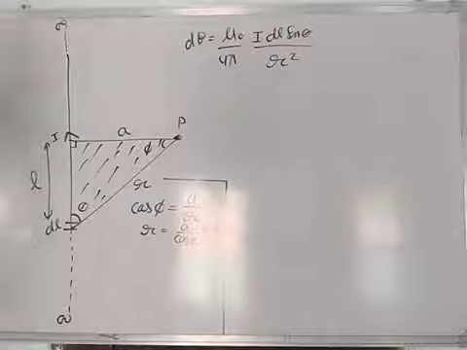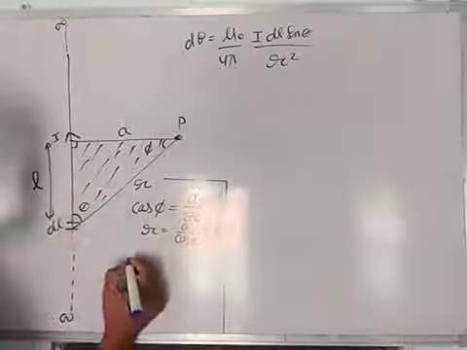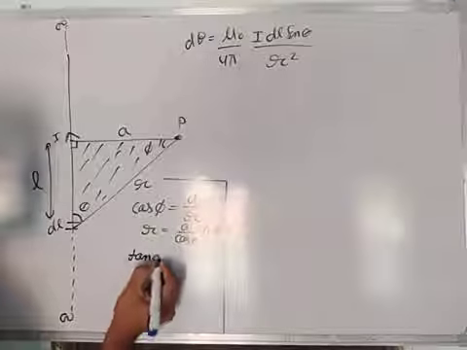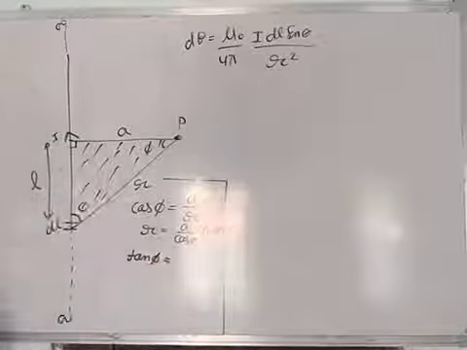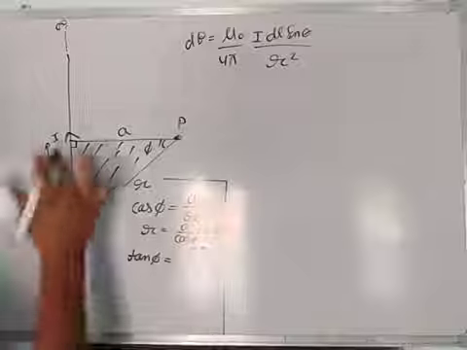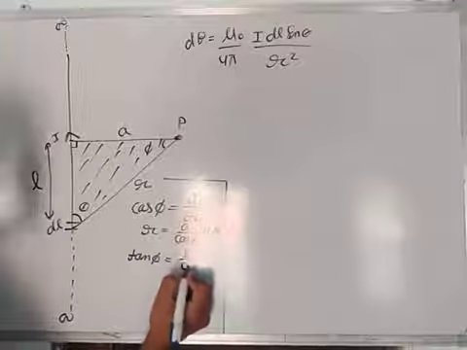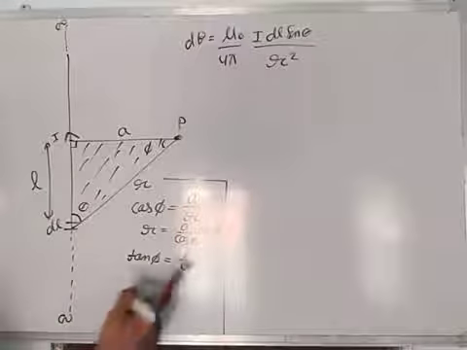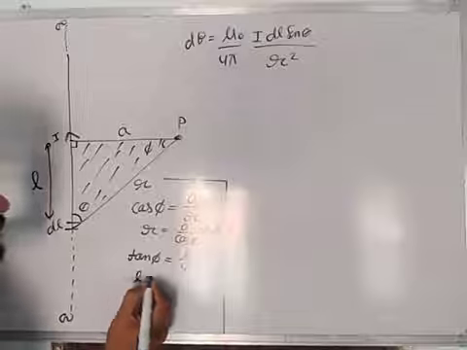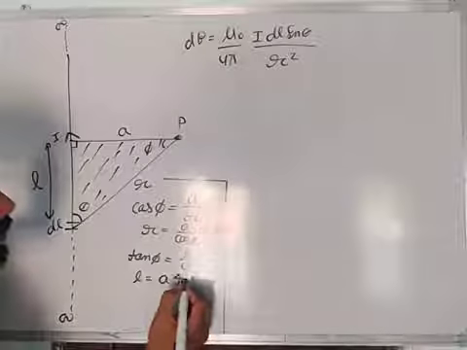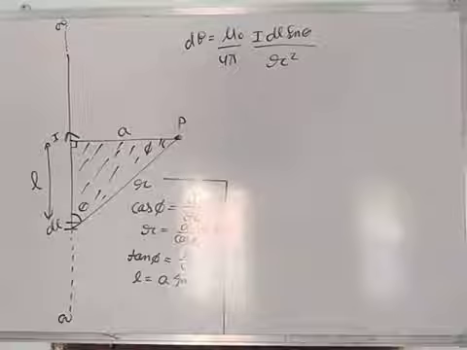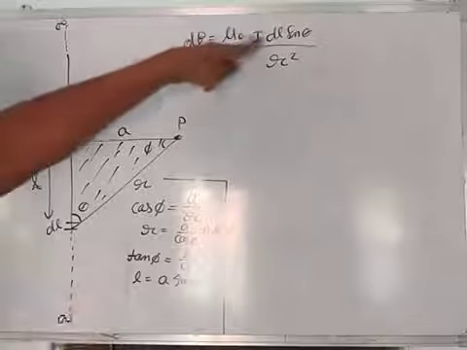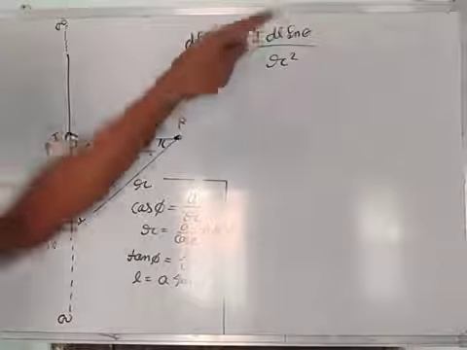Second one is apply a formula tan phi in the same triangle. Tan phi is equal to perpendicular upon base, L by a. From here you will get L is equal to a tan phi. But our substitution requires dl.